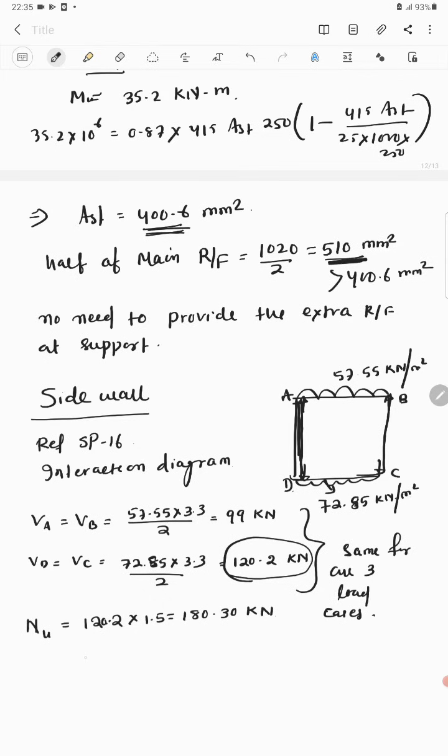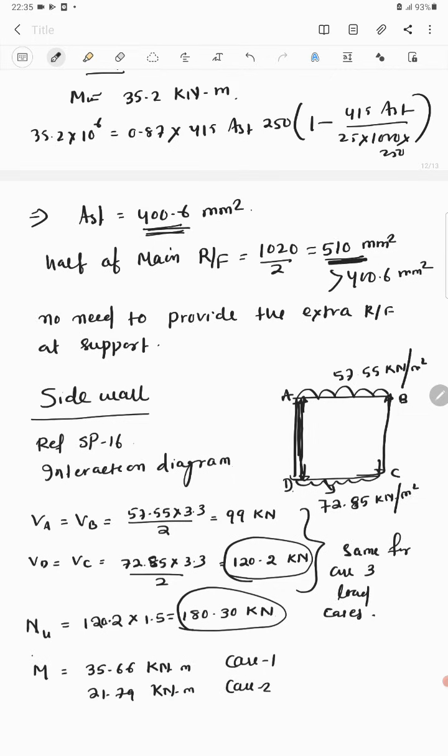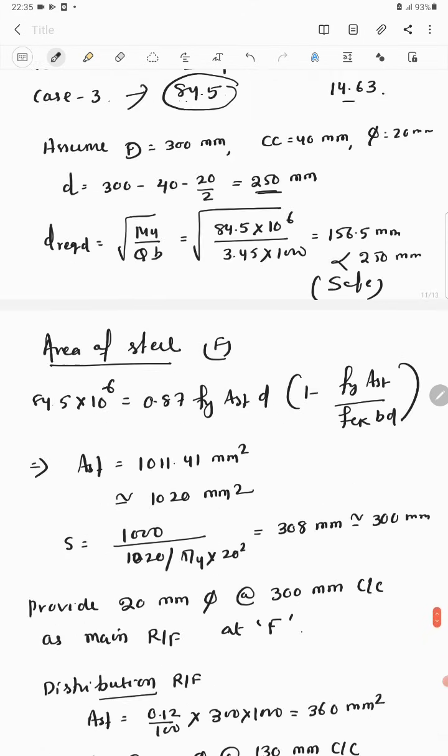Similarly, we have to calculate this M value. What is this? This is Nu, and the moment for case 1, this is 35.66. Case 2, 21.79, and case 3, 14.66. Case 3 you can check here.